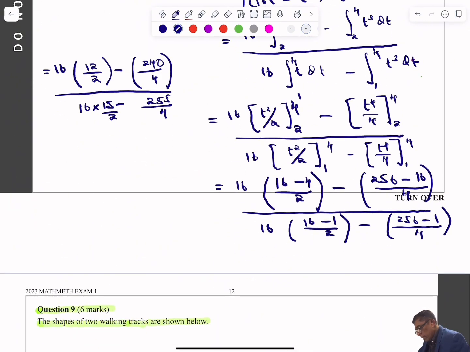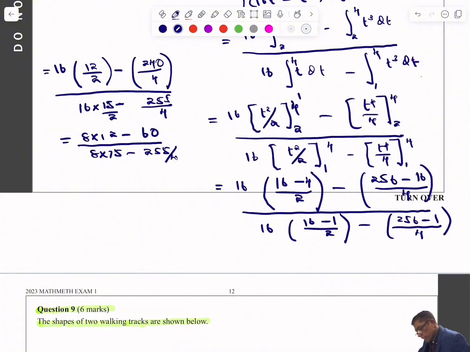This is 8 times 12 minus 60 divided by 8 times 15 minus 255 over 4.